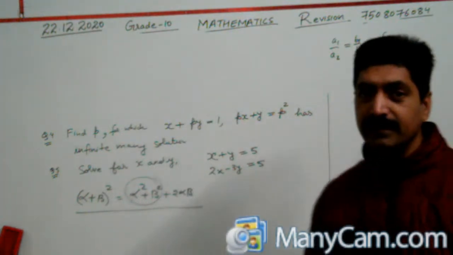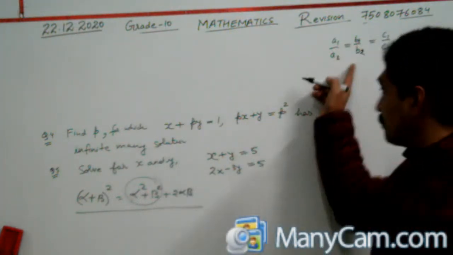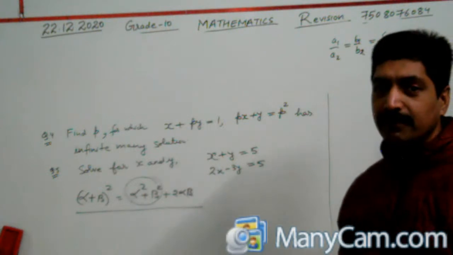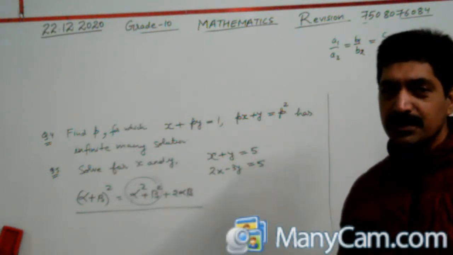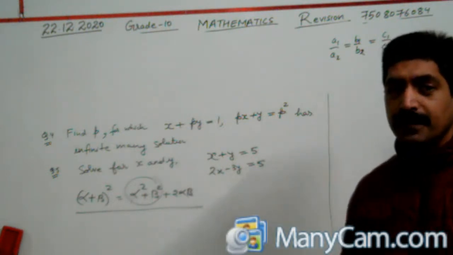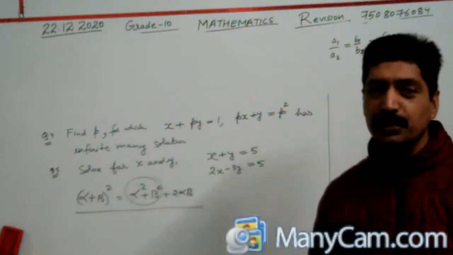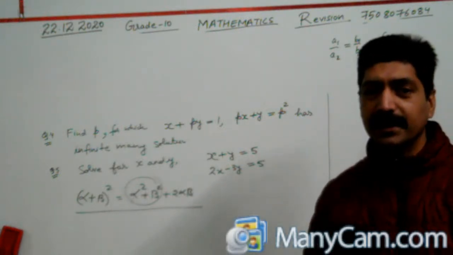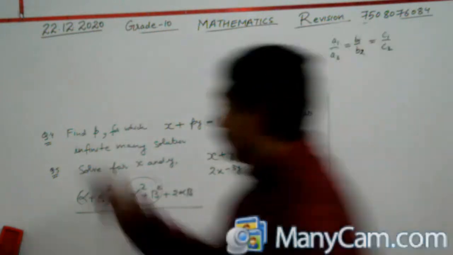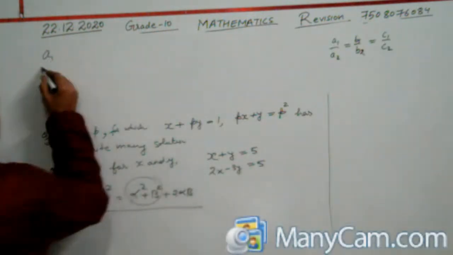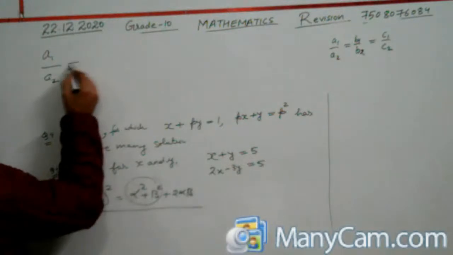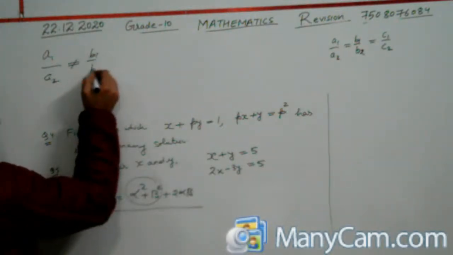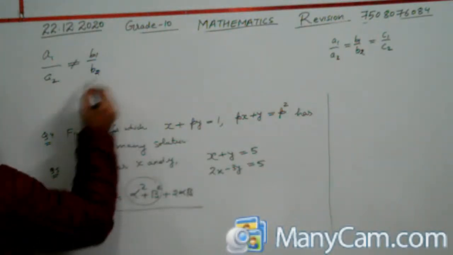Whenever we have infinitely many solutions, the pair of linear equations is consistent, right? First one, when a1 upon a2 is not equal to b1 upon b2, then we have a unique solution.